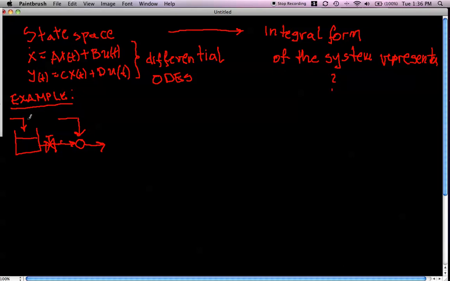And essentially, this is F1 or F input. This is F output.